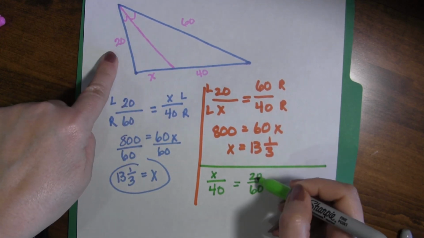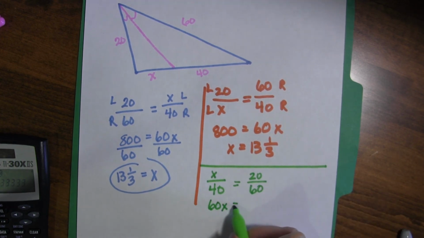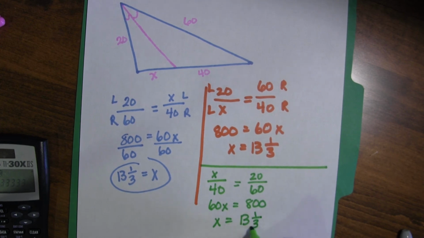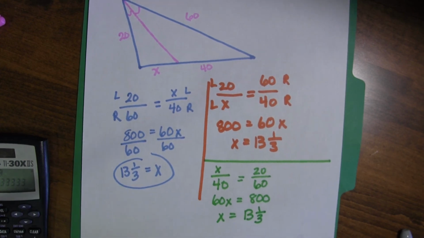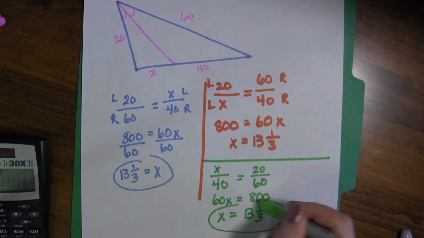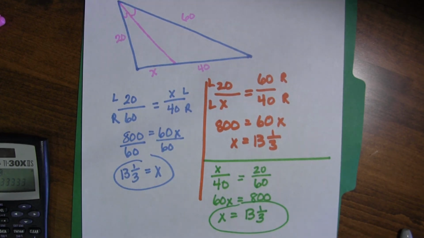That's my left side divided by my right side. That gives us 60x equals 800. So x is again 13 1/3. My point is that your proportion could be set up a number of different ways, but it's always going to bring you back to the same value for x if you set your proportion up correctly.